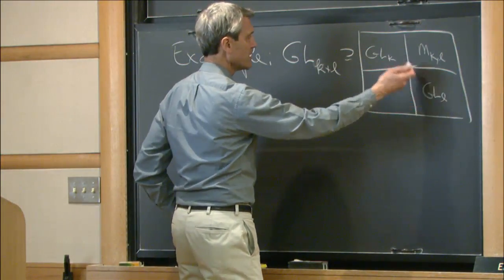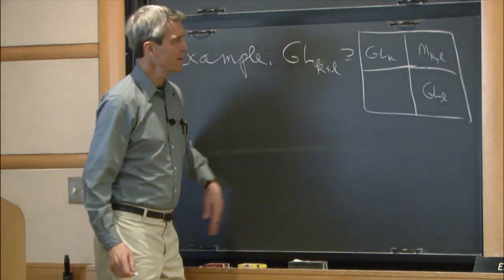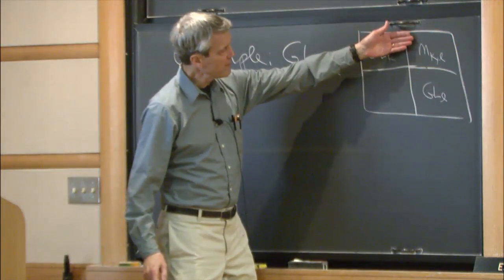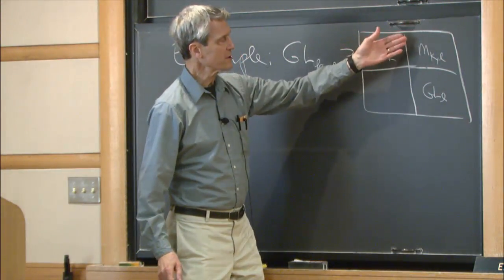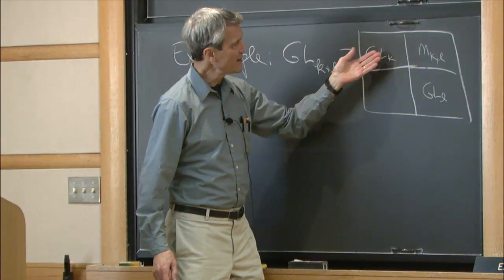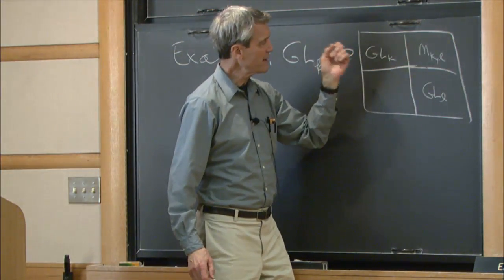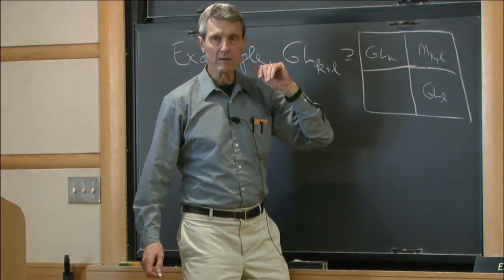This is the Levi component, a product of GLs, and this is the unipotent radical, and it's abelian, and it just looks like the space of matrices. What do I mean by that? It's a module for GL_k times GL_l, and as a module for GL_l, it's the k by l matrices.